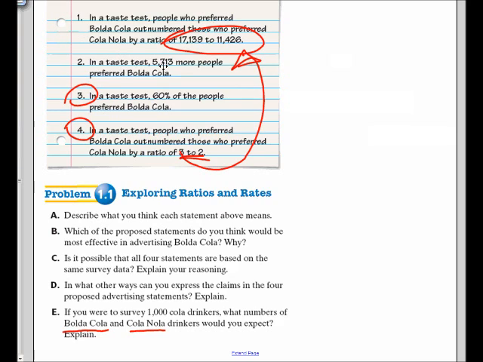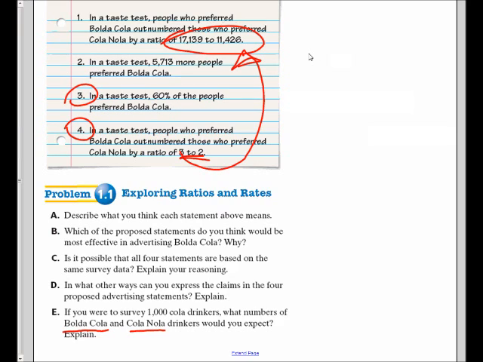In the taste test, 5,713 more people preferred Boldicola, which, if you subtract, 17,139 minus 11,426, you're going to get 5,713. And finally, in a taste test, 60% of the people preferred Boldicola.